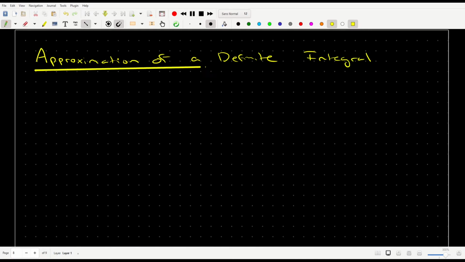We've already seen how useful power series and Taylor series are for indefinite integrals using term-by-term integration, but it turns out we can also use this idea for definite integrals.